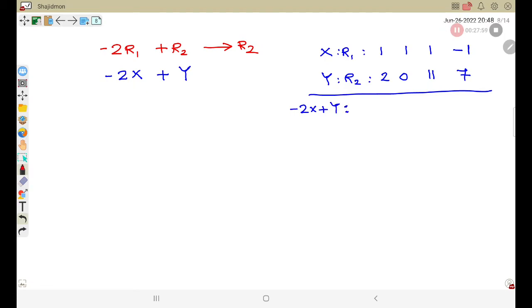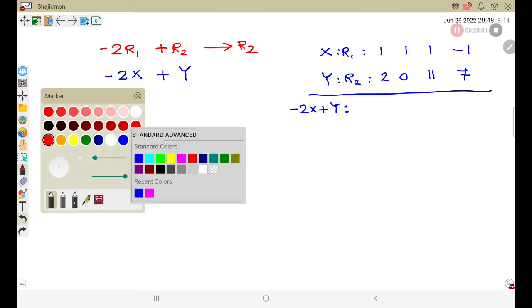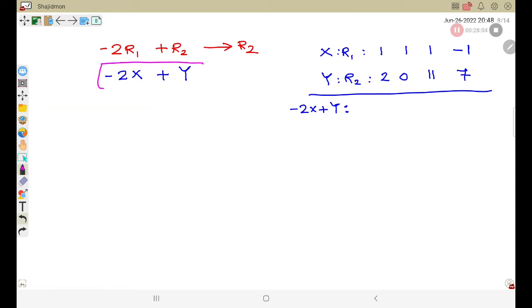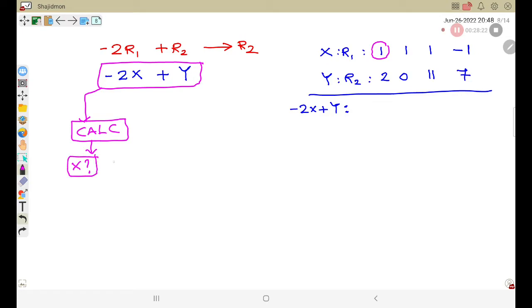Once you enter this in your calculator, press the calc button. Because too many numbers are involved, using the calculator like this is easy. The calculator will ask what your X number is. X means the first row number, 1. So type 1 and press equal.